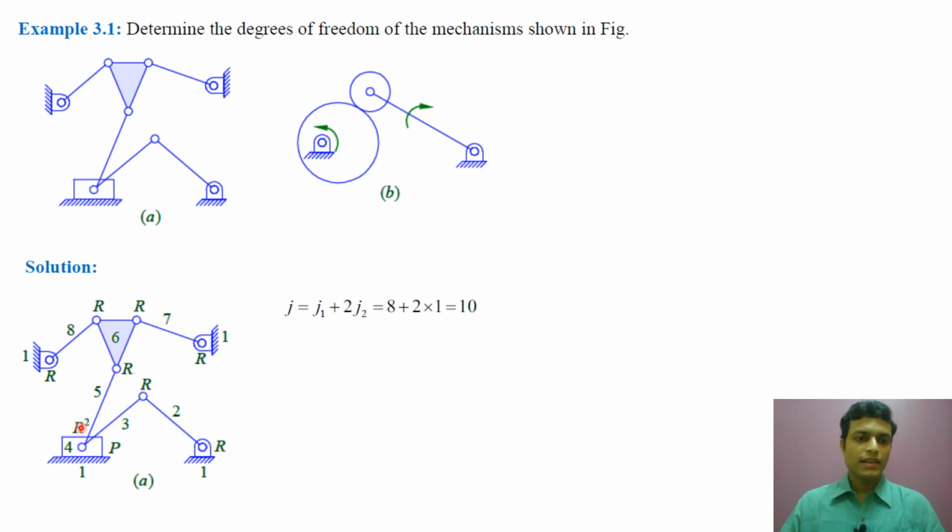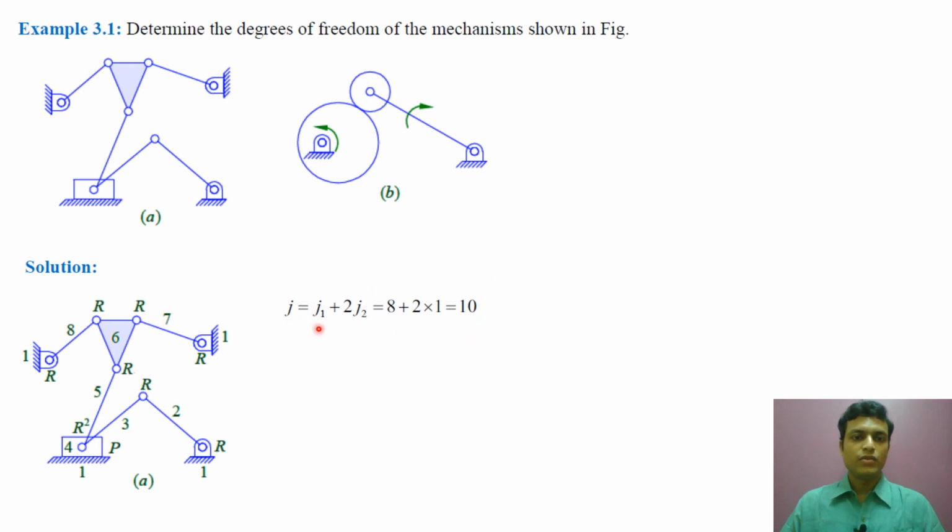And this is a higher order revolute pair, or second order revolute pair. Why? Because this revolute pair R2 joins 3 links: link 3, link 4 and link 5. So this is a higher order lower pair. So what is the total number of lower pairs?